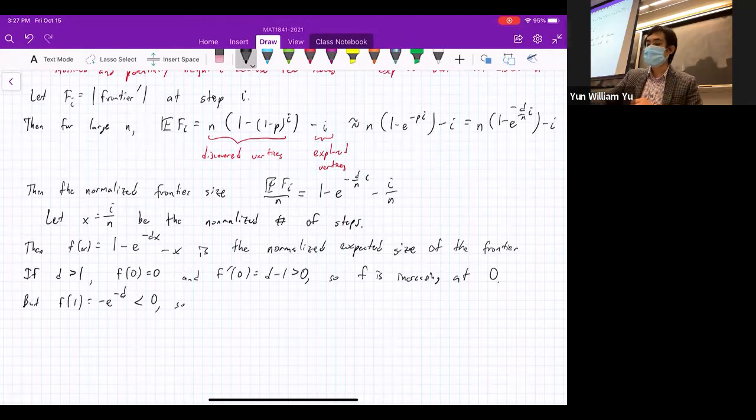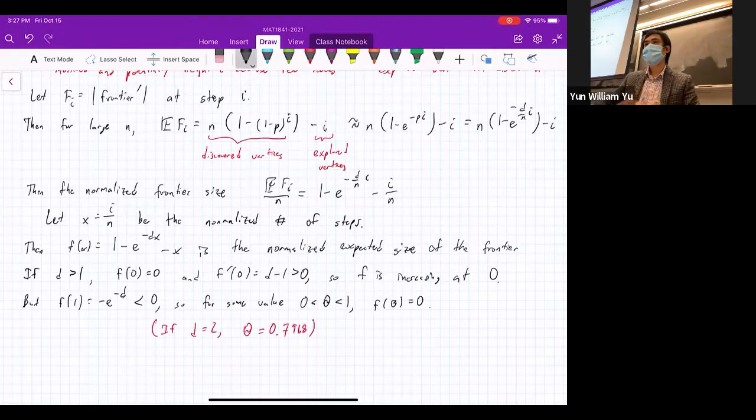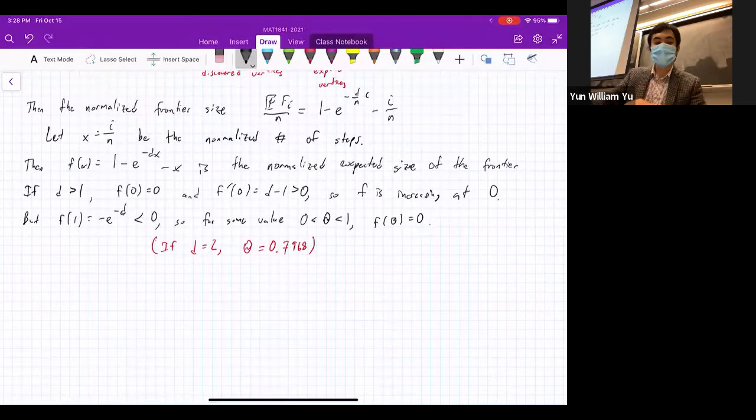But this together means that for some value theta greater than 0 and less than 1, f of theta is equal to 0, just by the intermediate value theorem. And note, just as an aside, if d is equal to 2, theta is approximately 0.7968. Okay, so you can't actually compute these exactly, but it's not so important that we do.